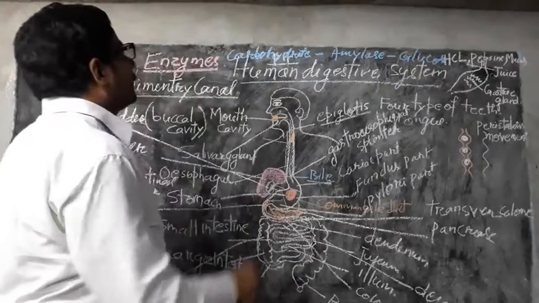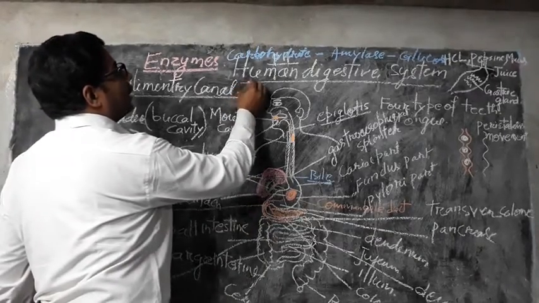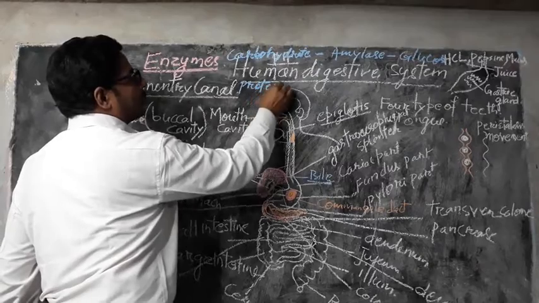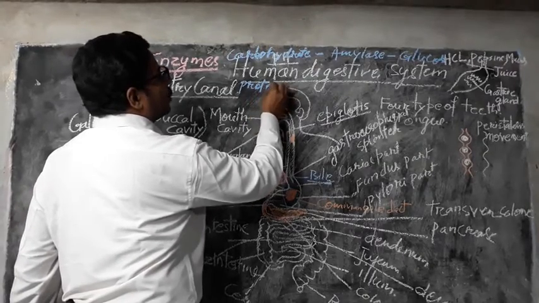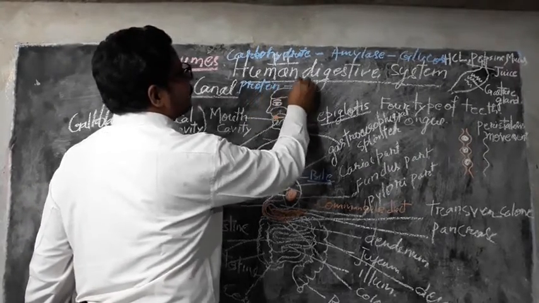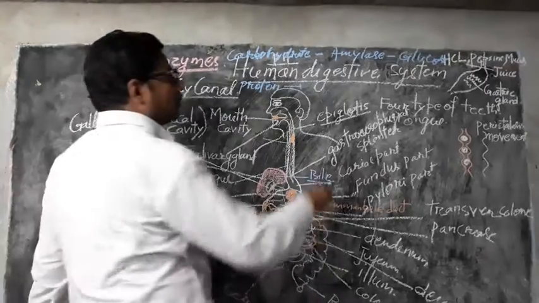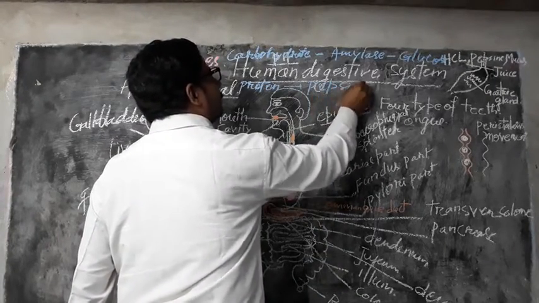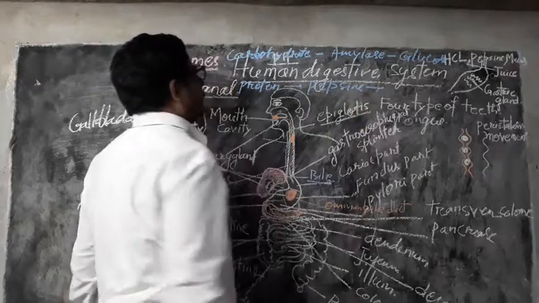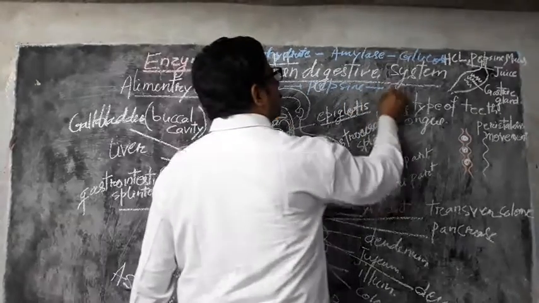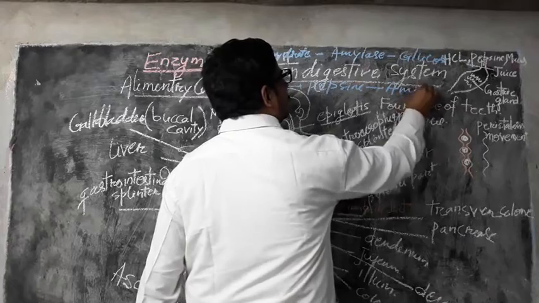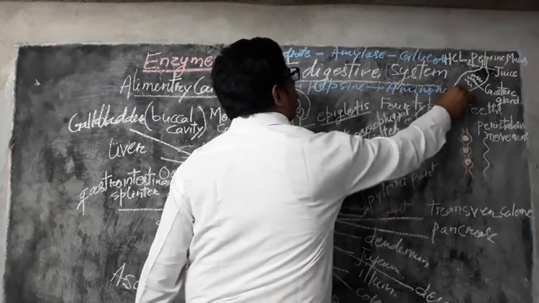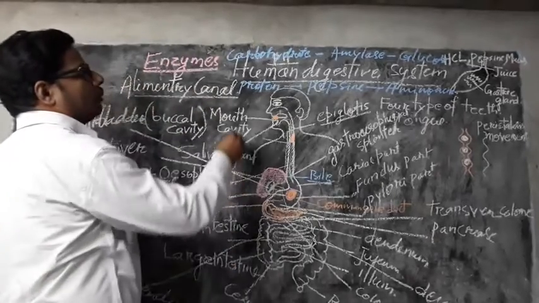And how is protein digested? Protein is digested with the help of an enzyme known as pepsin. Pepsin converts the protein into amino acid. This is the simplest form of this component of food.